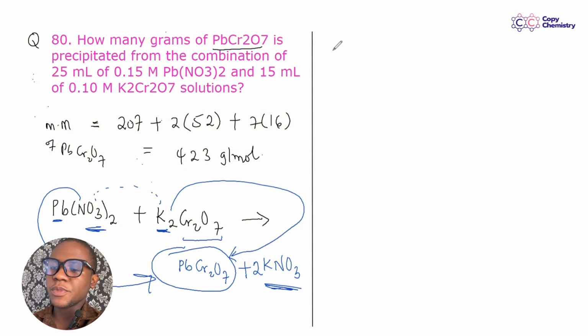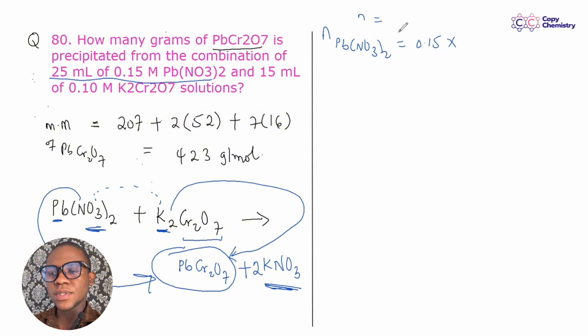So let's get the number of moles of both of them. Number of moles of Pb(NO3)2 is concentration times volume. Look at it, 25 ml of this. So the concentration is 0.15 times volume.